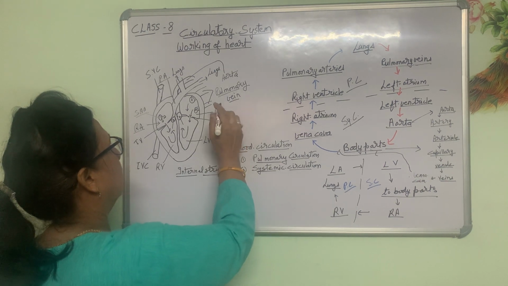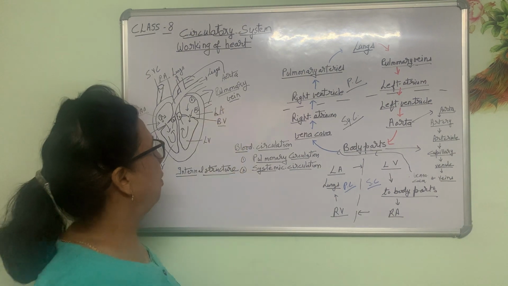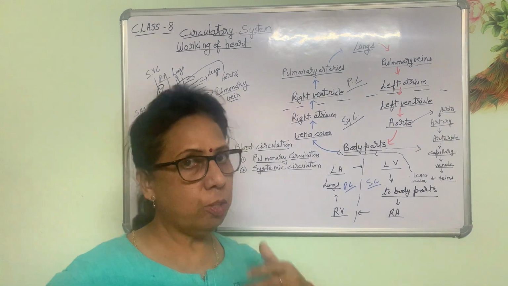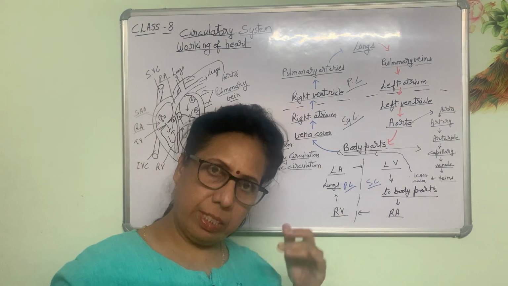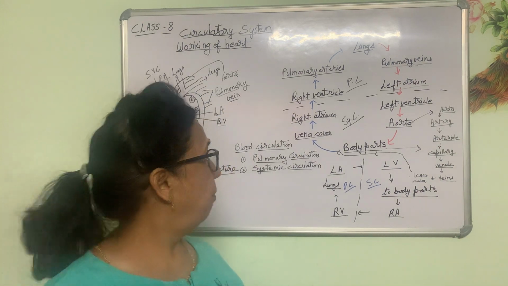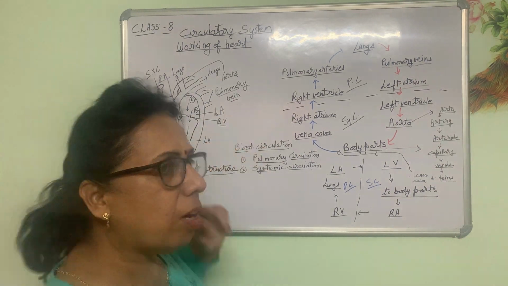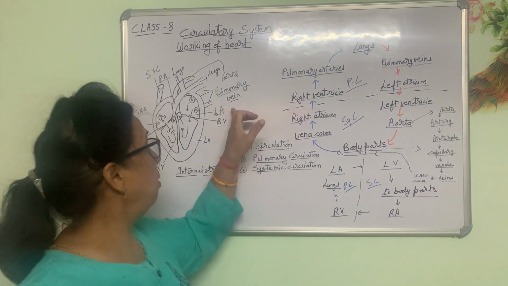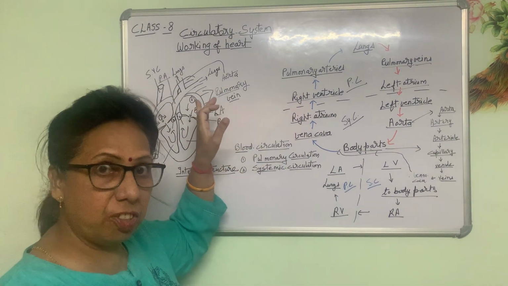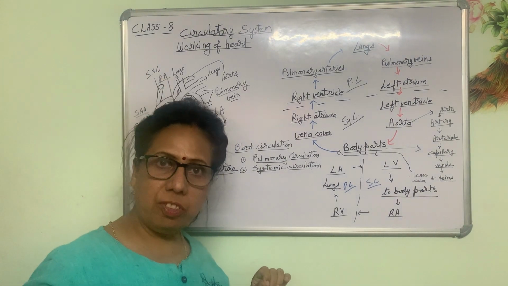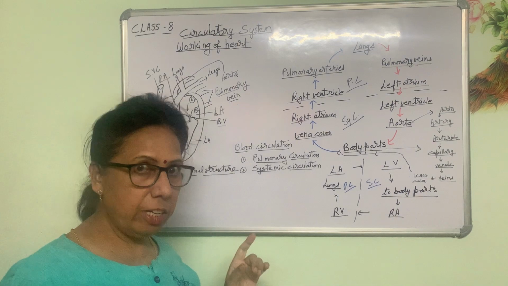Pulmonary means the lungs. That's why, because in the lungs blood is oxygenated, the pulmonary vein carries oxygenated blood and the pulmonary artery carries deoxygenated blood. I hope it is clear to you.